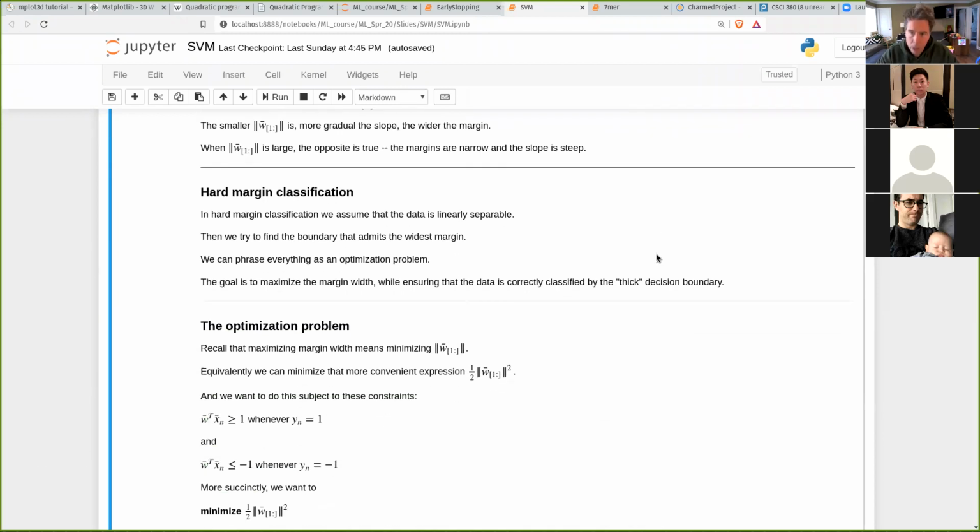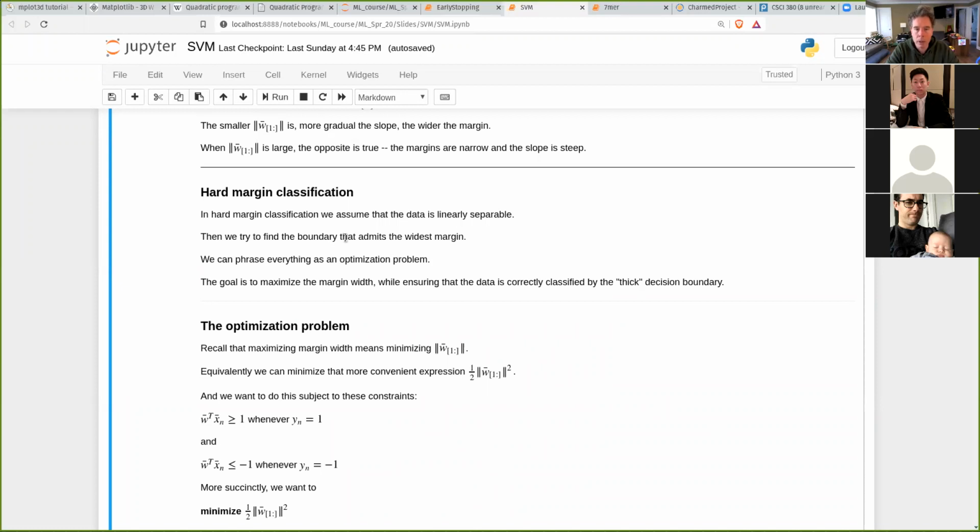Okay. So we mentioned that because this is part of the criteria for picking the W that the support vector machine picks. So let's look at the simplest case first, and that is the case in which the data is linearly separable.